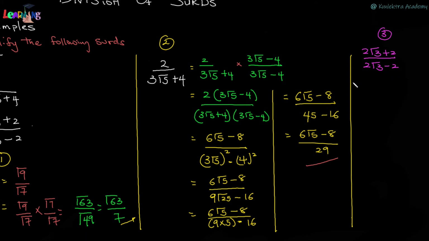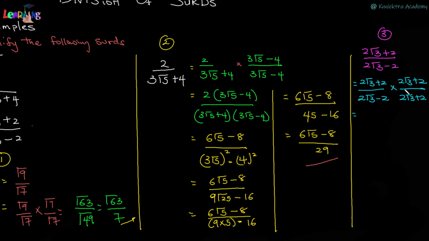Then let's continue. You have 2 root 3 plus 2 over 2 root 3 minus 2, times, multiply by its conjugate, 2 root 3 plus 2 over 2 root 3 plus 2.